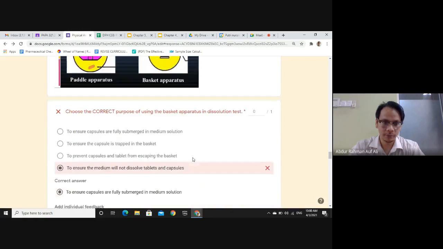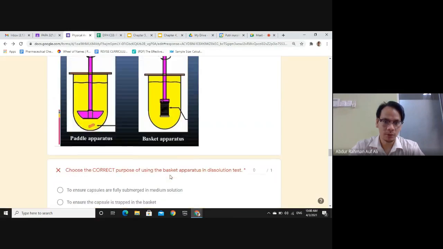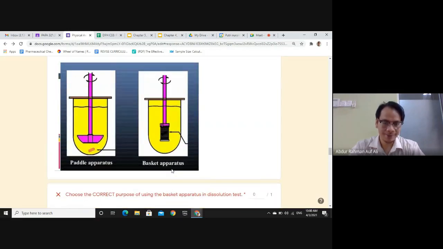Jawapannya adalah to ensure capsules are fully submerged in medium solution. So capsules, dia less dense than tablet, kurang tumpat berbanding dengan tablet. So kalau kita masukkan capsules dalam vessels dissolution tester ni, dia akan terapung. So the purpose of dissolution tester is we want to assess the amount of API that is dissolved in the medium.